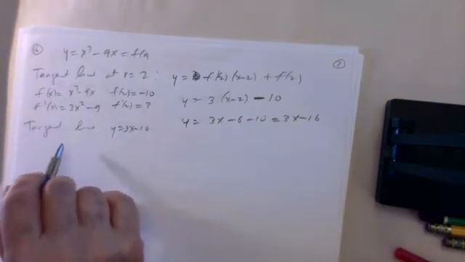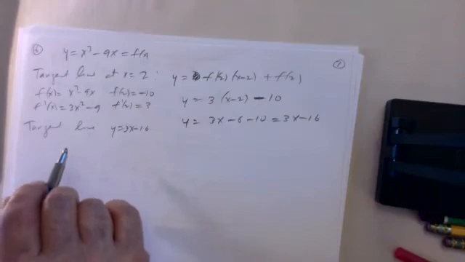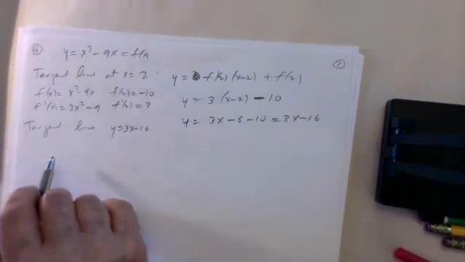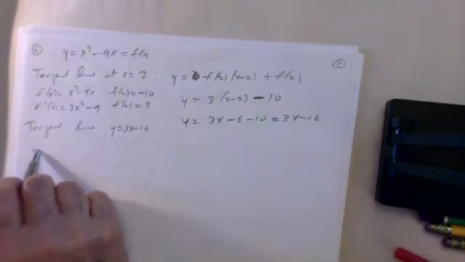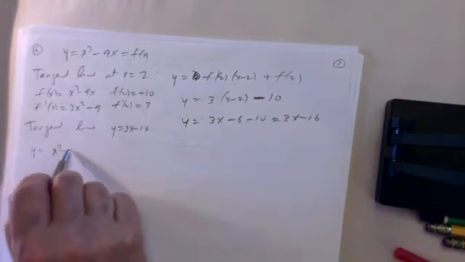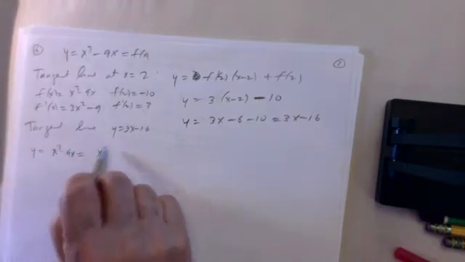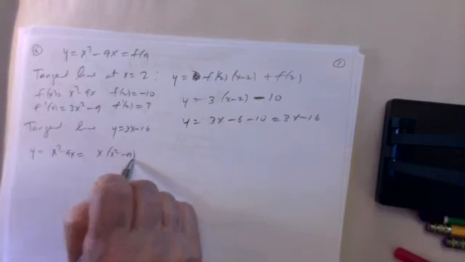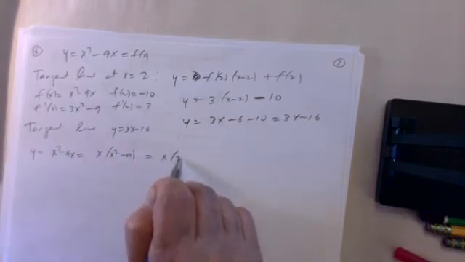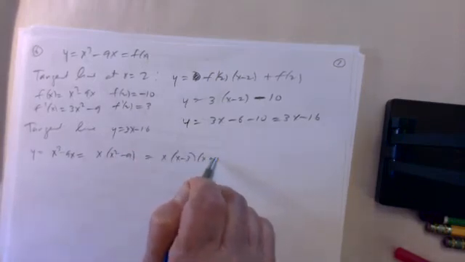Now, let's just try and sketch by hand what the graph of the function looks like. This is y equals x cubed minus 9x. That's like x times x squared minus 9. That's x times x minus 3 times x plus 3.